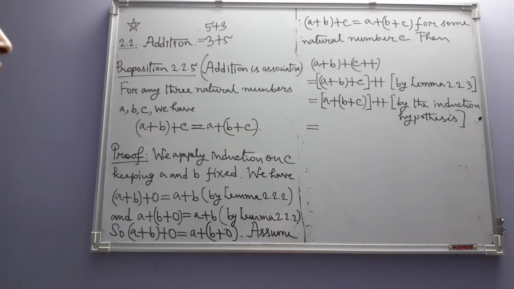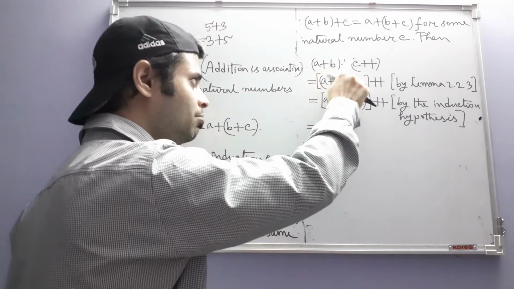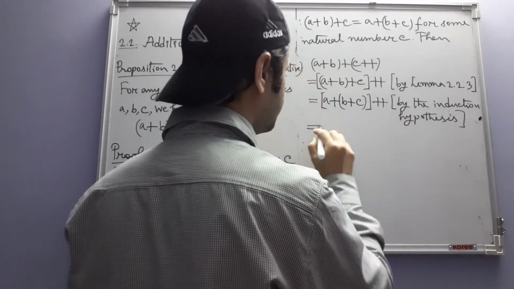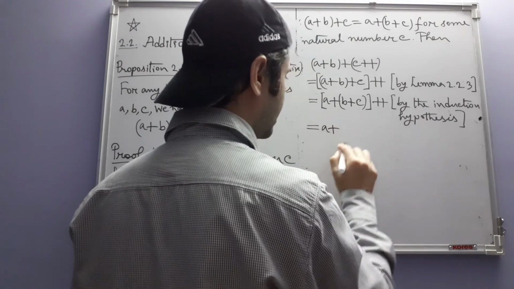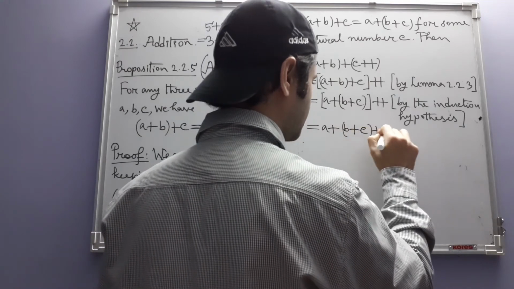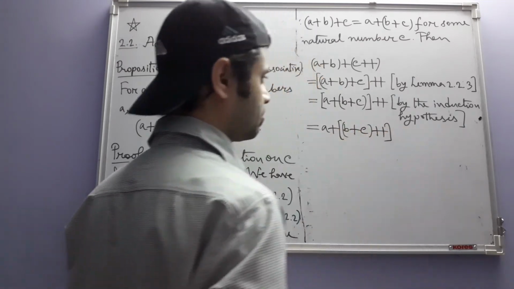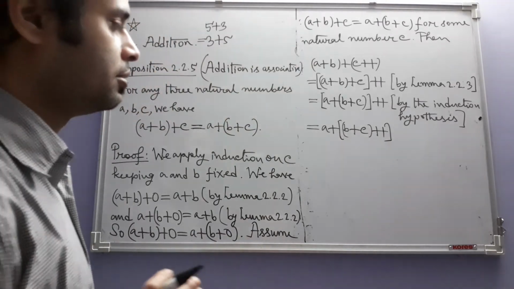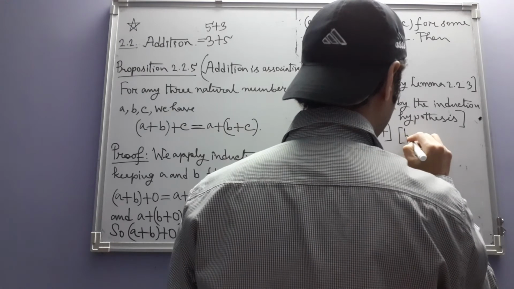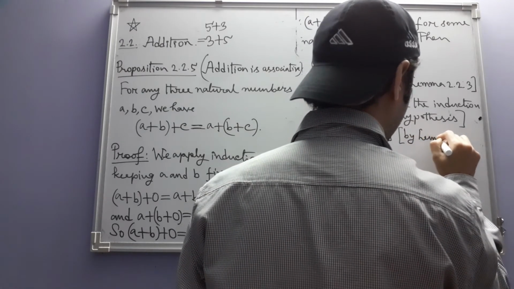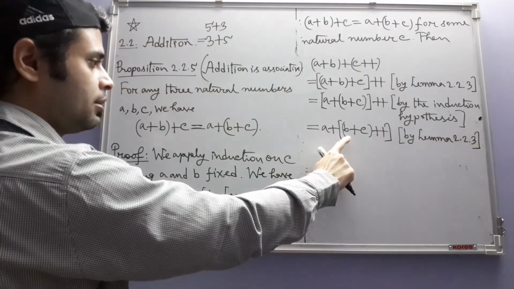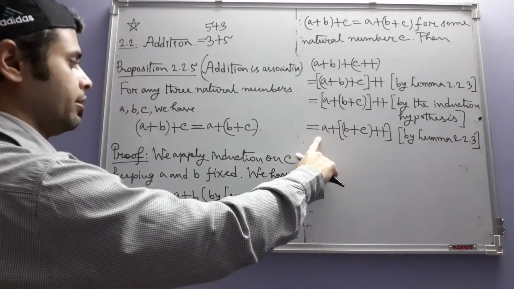Now we have to have a + (b + c)++. So for that, what we shall do, I can write this as a + ((b + c)++). Here again I am using lemma 2.3 if you look carefully, because I am adding a successor to a natural number.